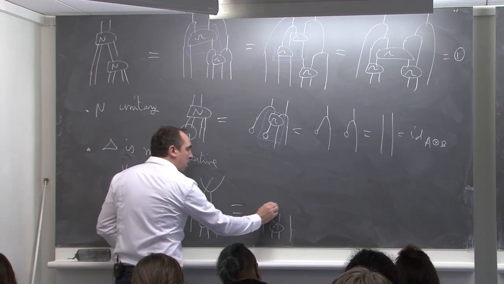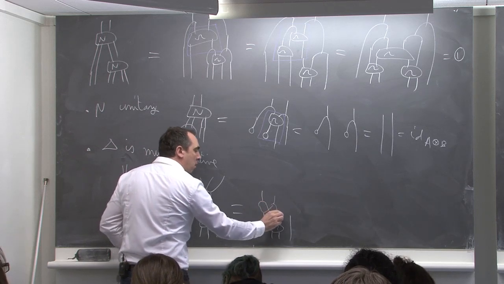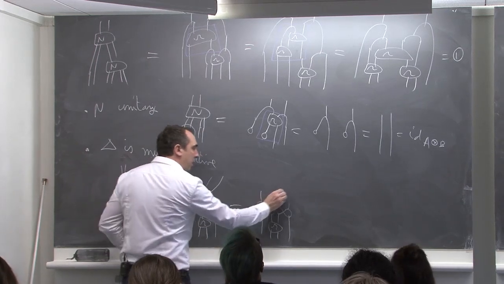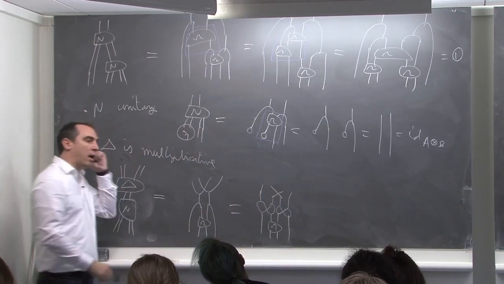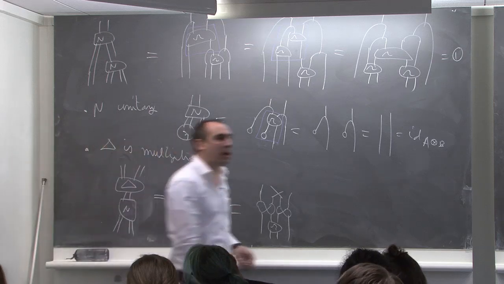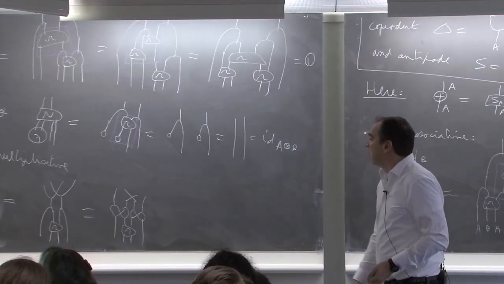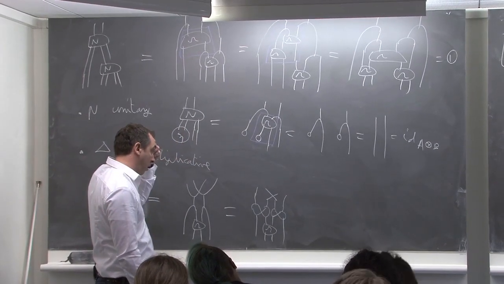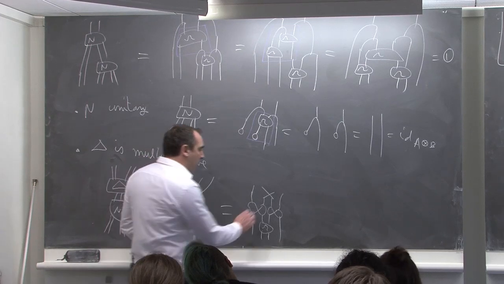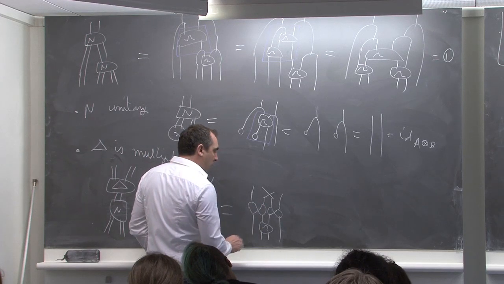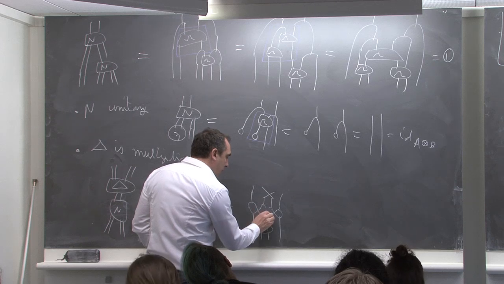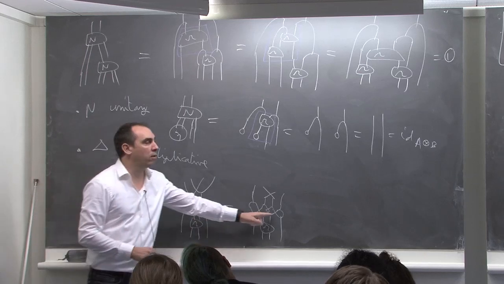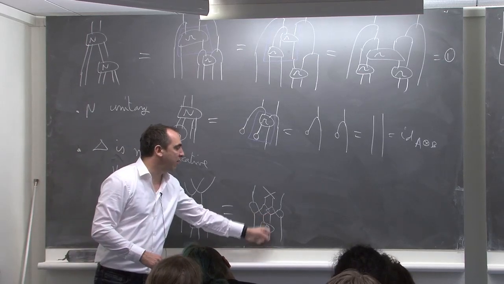Here we use, and again here. And now we twist like this. I use that the coproducts of A and B are multiplicative. Now I can twist here twice, it does not change. And I can use the axiom that omega is a morphism of coalgebras.